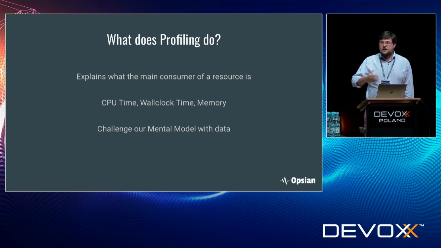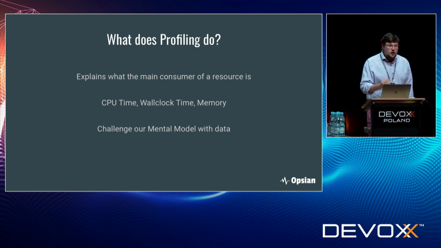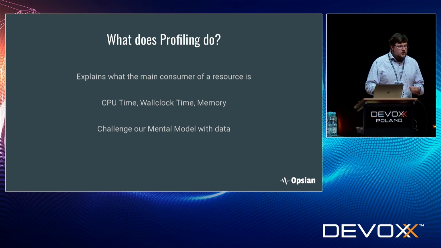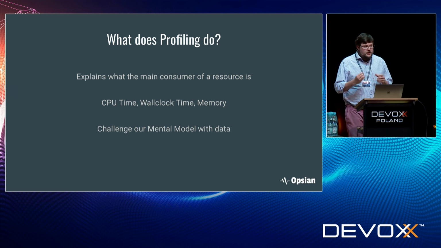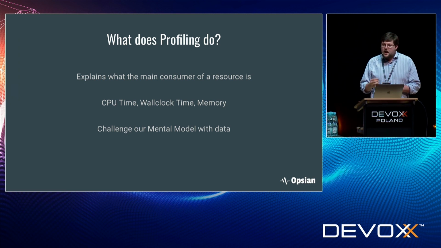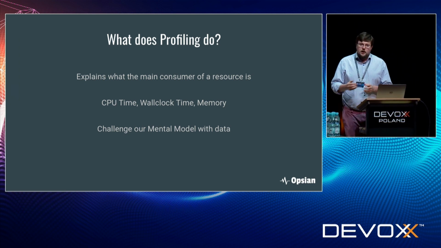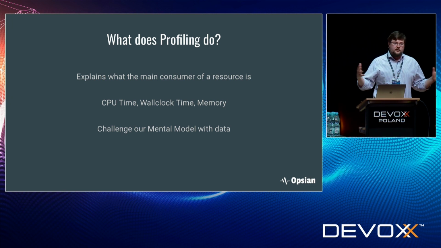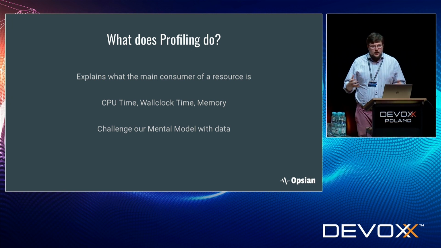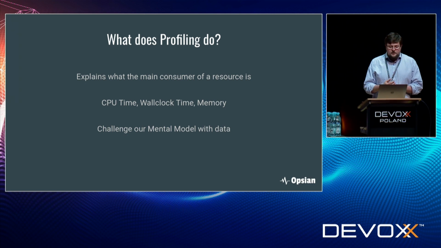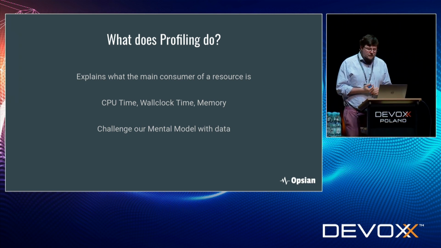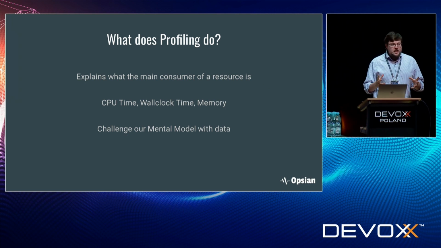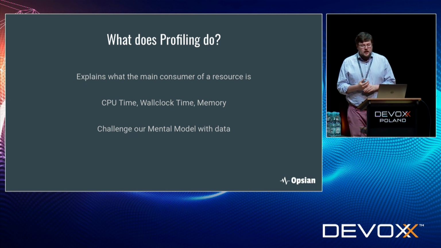So that could be CPU time, as in the amount of time you spend on CPU actually executing instructions, actually retiring instructions. It could be wall clock time, so the beginning and end of operations. That's a time that might be important to your users, their time. It could be the amount of memory that you're using.